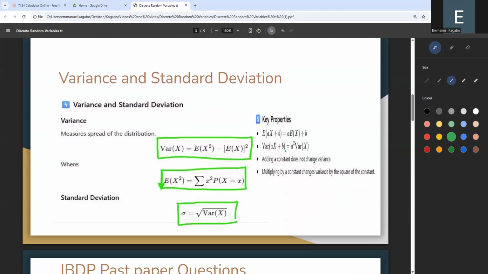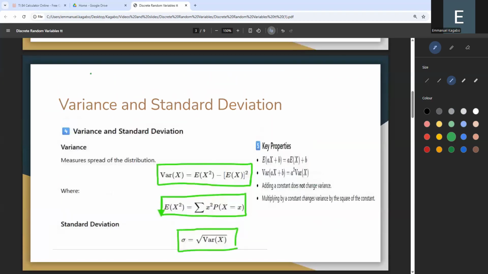Now, what about the variance? Fast forward. The variance is given by this formula here. Expected value, you already know how to get it. This time around, let me use the previous question's example. We had small x, and the probabilities, and we had 0 heads, 1 head, and 2 heads.